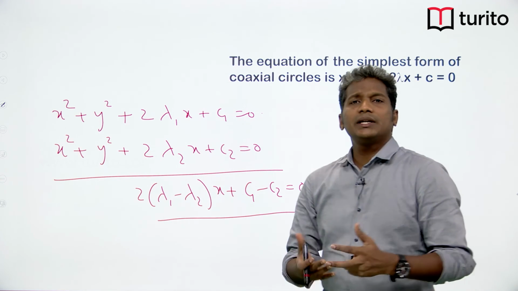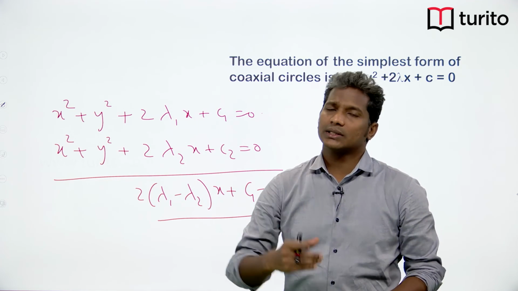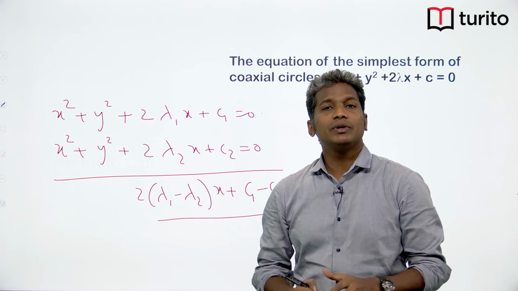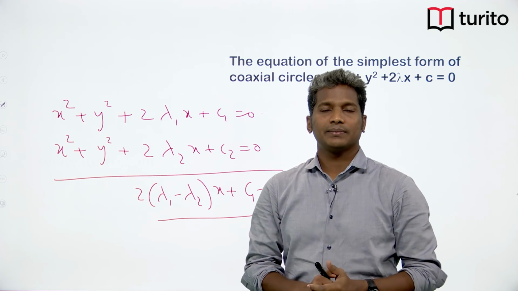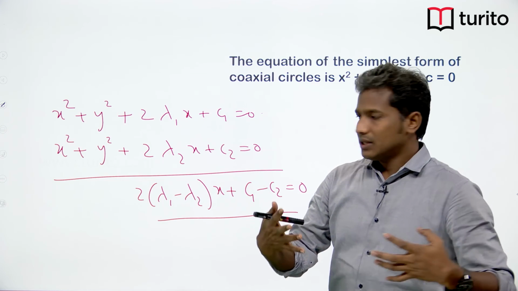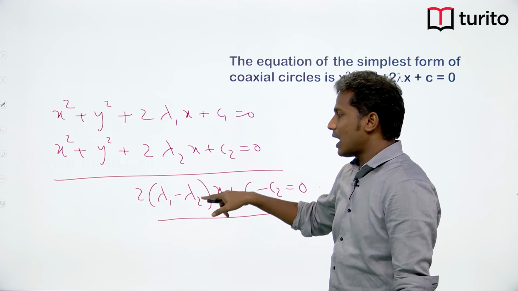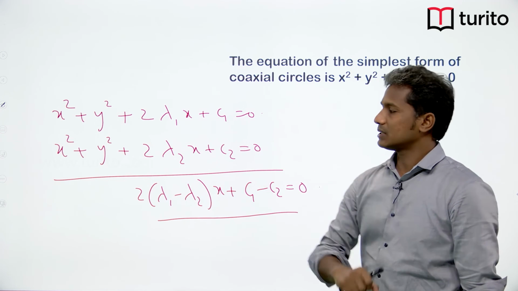Now, to represent or to standardize the equation of the coaxial system, what we do is we assume that y axis is our common radical axis. Now, if I want the y axis to be the common radical axis, then that means when I subtract, I must get the equation of y axis as the radical axis.